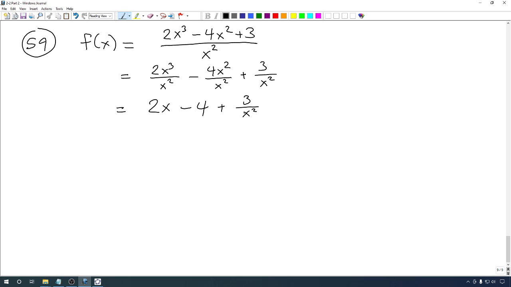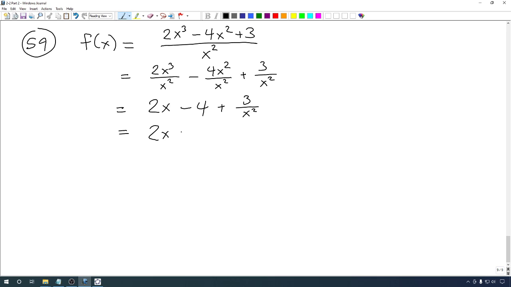But if we want to do anything with differentiation and our power rule, we want to express this 3 over x squared as a power of x. We can't just differentiate the x squared on the bottom directly. This we have to actually rephrase as a power of x on the top. If we don't do that, we can't use the power rule.